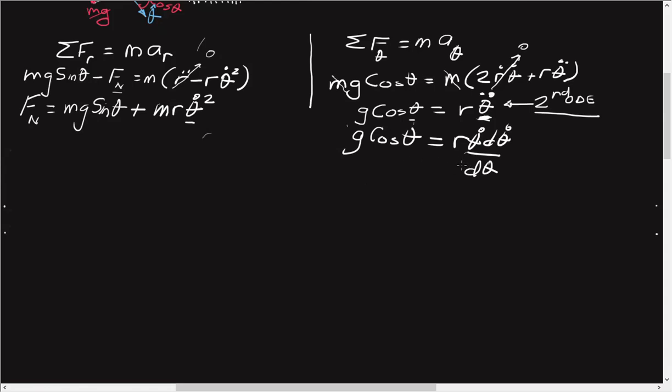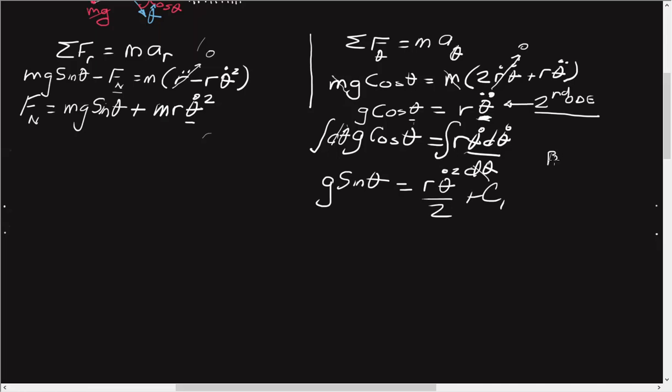If we bring the d theta up, we can integrate both sides of this, and this will give us g sine theta is equal to r theta dot squared on 2 plus c1, our constant of integration.